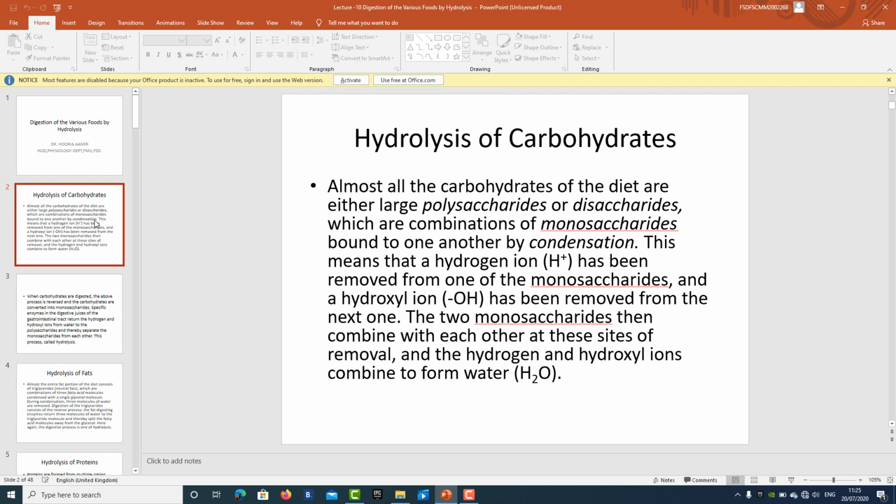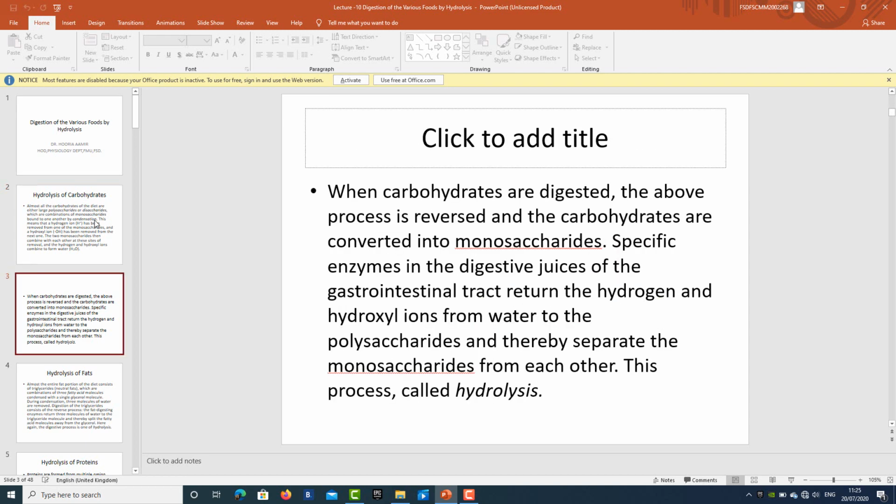Almost all the carbohydrates in our diet, that is polysaccharide or disaccharide or monosaccharide combinations, are attached to one another by the process of condensation, which means that a hydrogen ion has been removed from one of the monosaccharides and a hydroxyl ion has been removed from the next one, and the two monosaccharides then combine at these sites of removal, and the hydrogen and hydroxyl ions combine to form water.